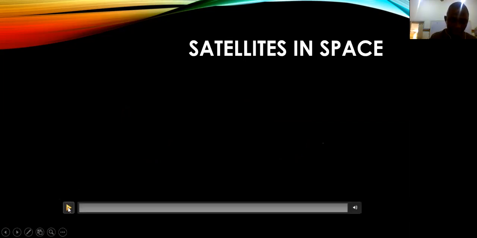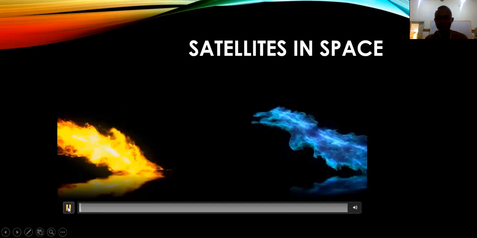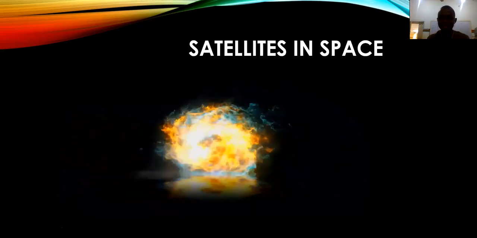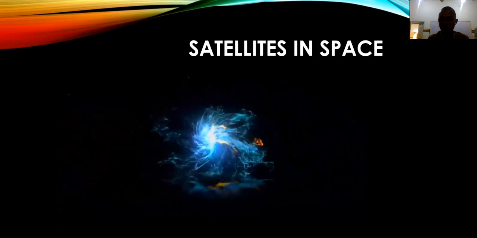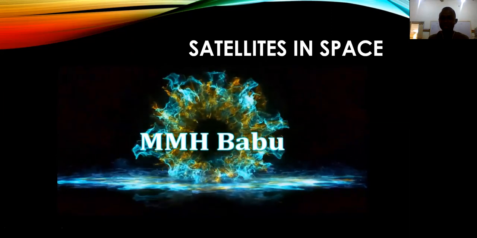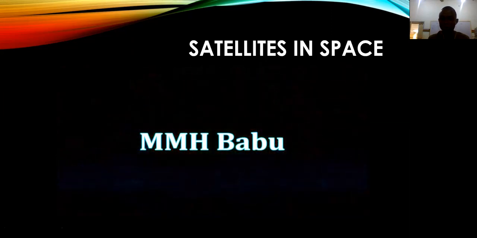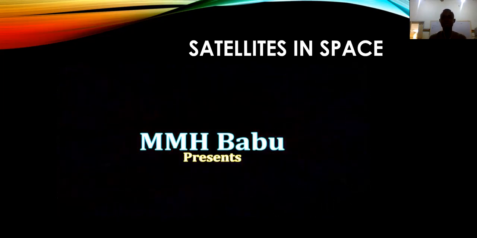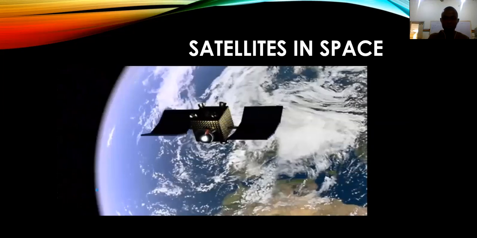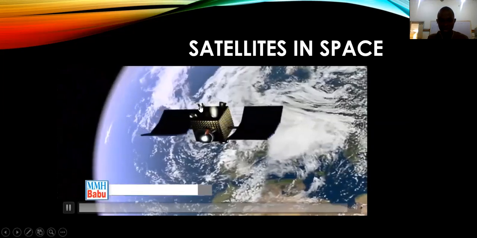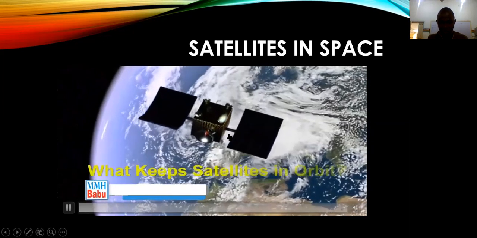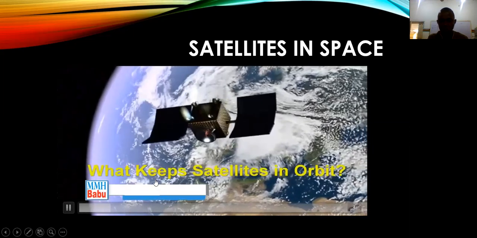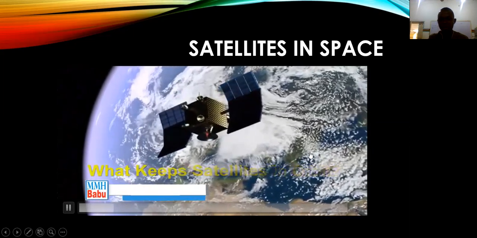But in terms of satellite, why is it that when you launch a satellite, the satellite stays in the orbit and will not come down? Why is this possible? Let's see it from this short video. Good. Great science. Look at it here. This is our satellite. What keeps it in the orbit?